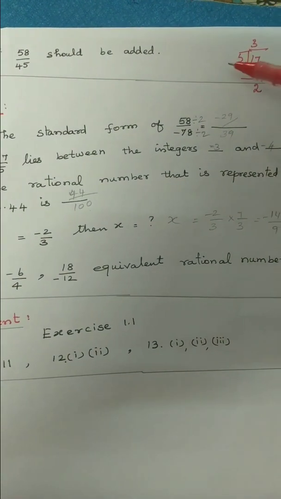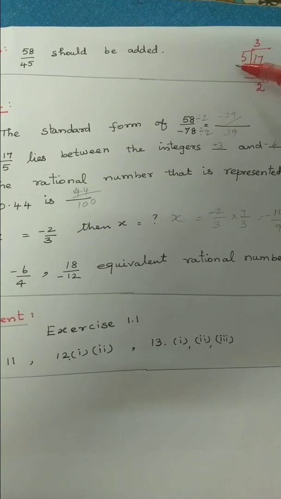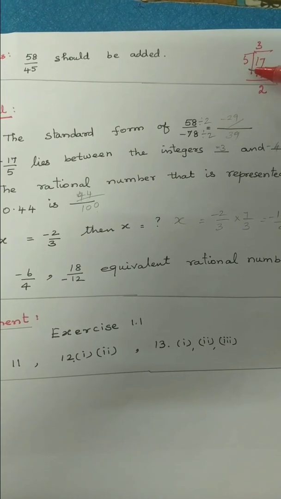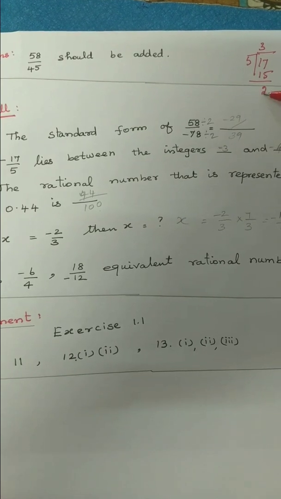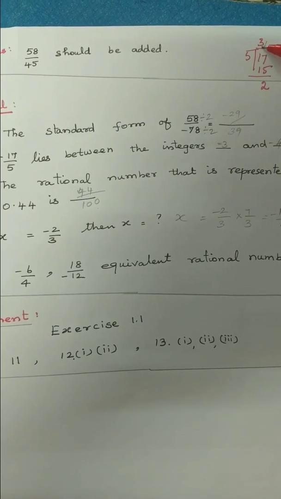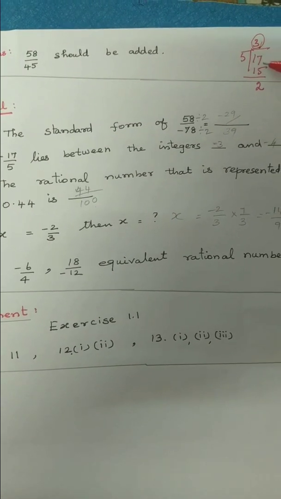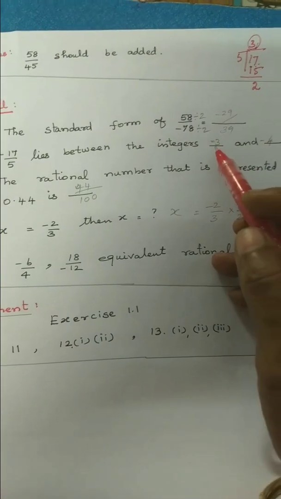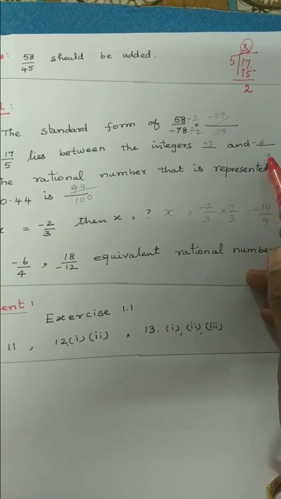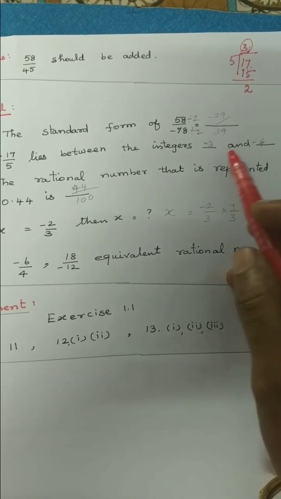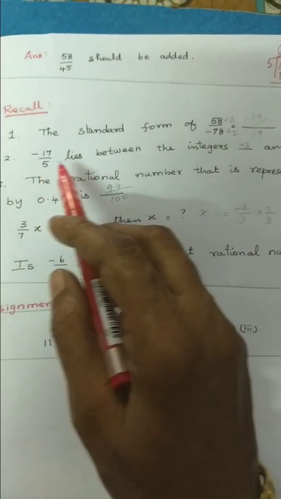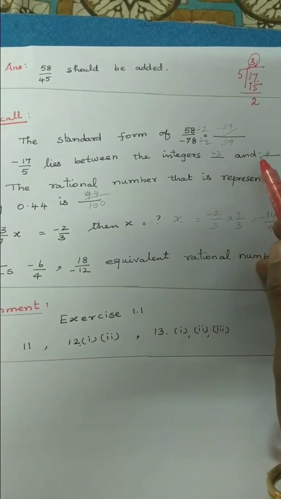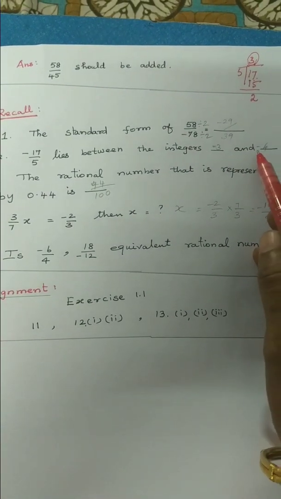Now 5 is greater than 2, we cannot divide. So 3 is the quotient here. So this number 17 by 5 lies between 3 and 4. Here it is negative, so minus 3 and minus 4.